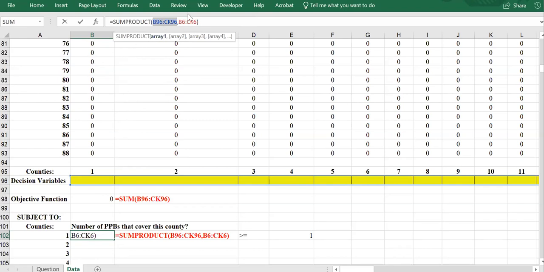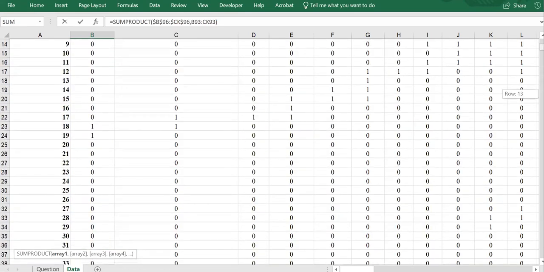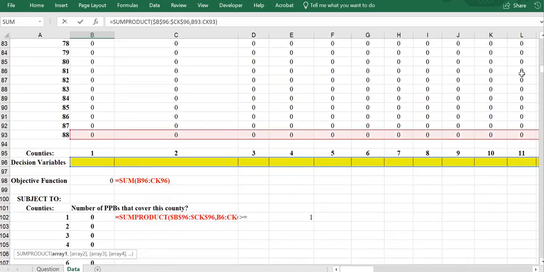I want the rows to be adjusted each time, but the decision variables I want to be locked, fixed. Let's now drag it down. Let's take a look at county 88, the row for county 88 multiplied by the decision variables, to see if it's working properly. So that's perfect.